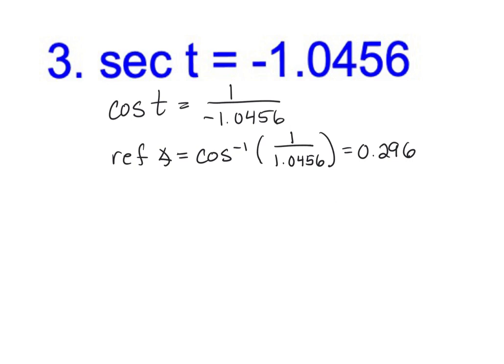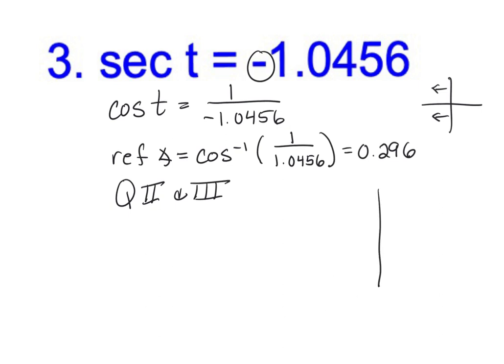That is in radians. The next thing I need to do is decide which quadrants I have solutions. So secant is negative, cosine's negative, so my answers are going to be where x is negative, to the left of the y-axis. So I'm going to have an answer in quadrant 2 and also in 3.